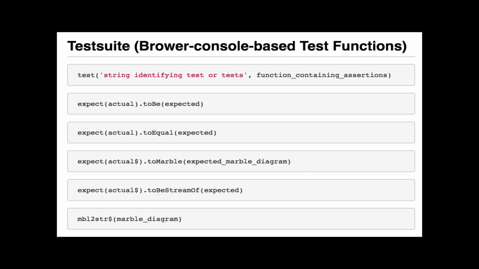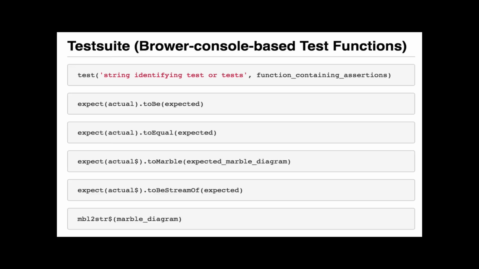It starts with a string for its first parameter, which identifies the tests, followed by a function, which includes all the assertions to be tested. There are two general expectations that are included. toBe, which is a test that passes when the actual value is equal to the expected value in the JavaScript sense of triple equals.